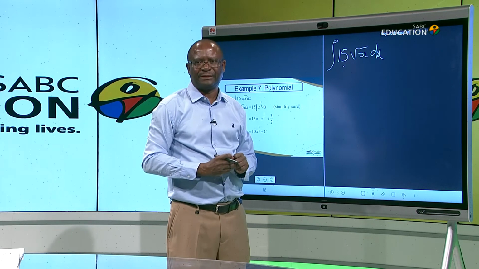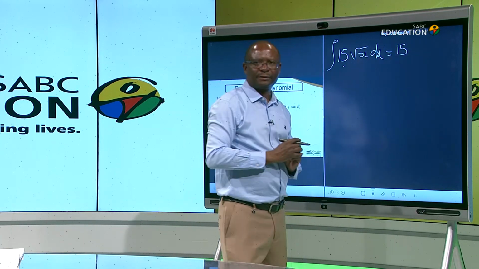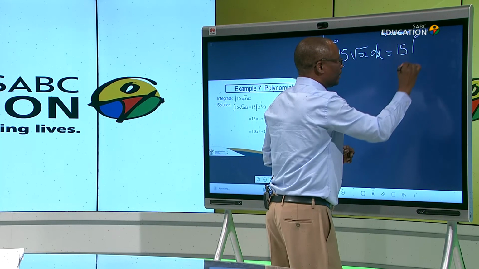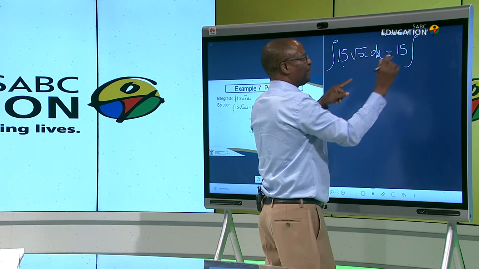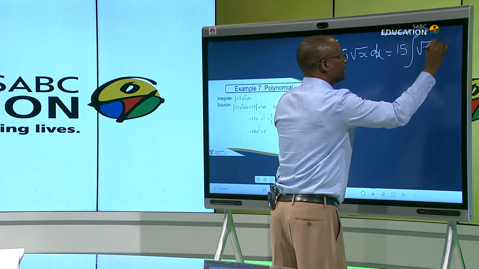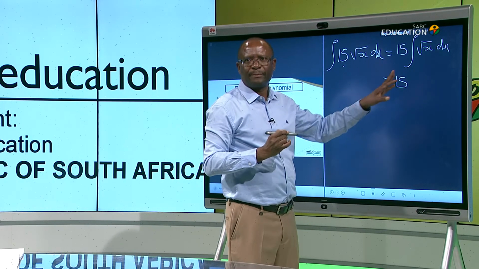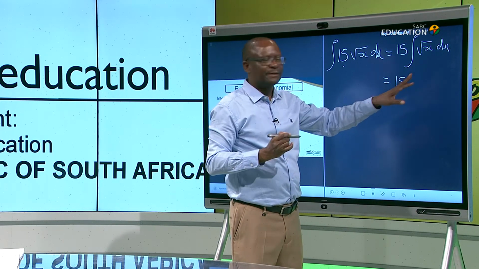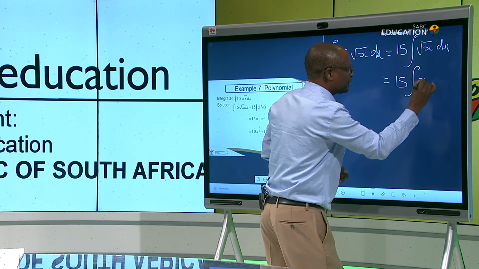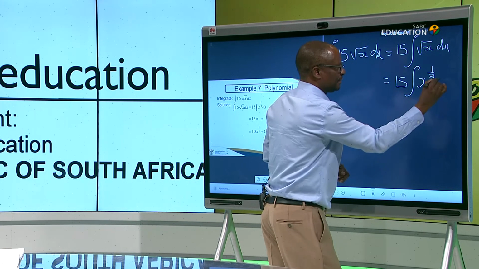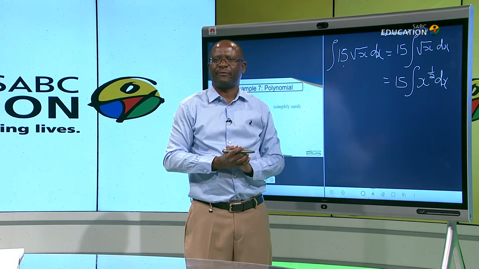And again here we have got the constant 15. In this case, factor out that 15. Then we remain with the integral of square root of x. According to the rules of surds, we can say this is the integral of x to the exponent of half dx. Now we have changed it from the surd form to the exponential form.